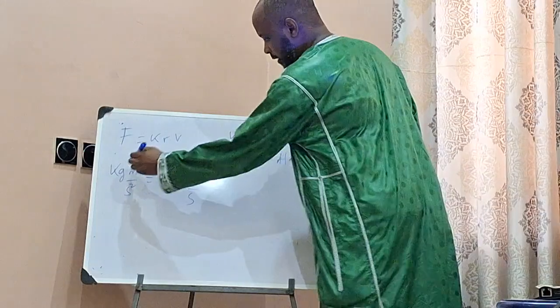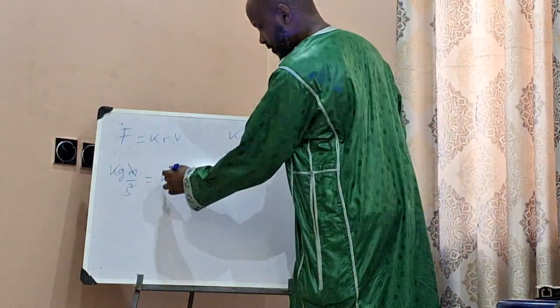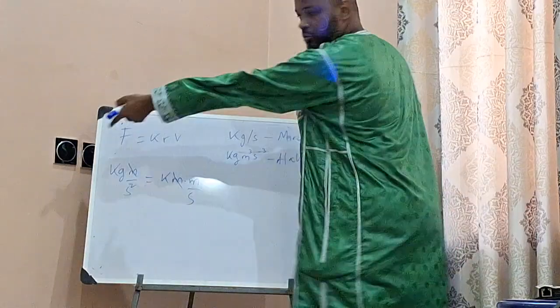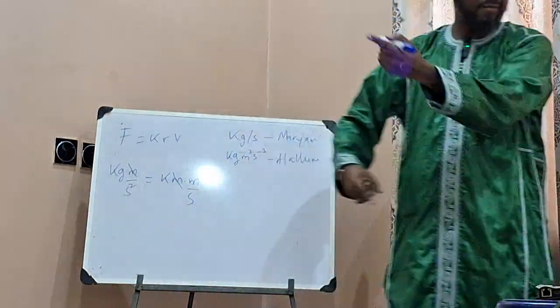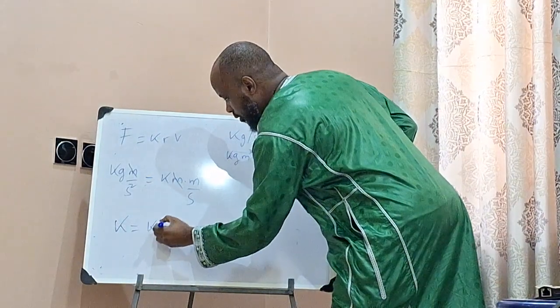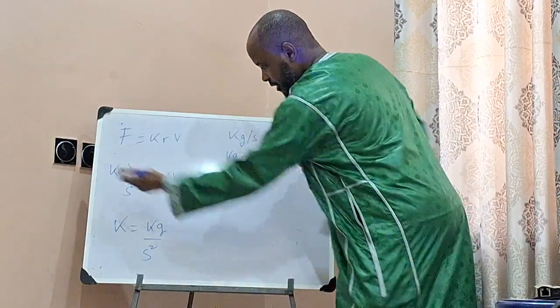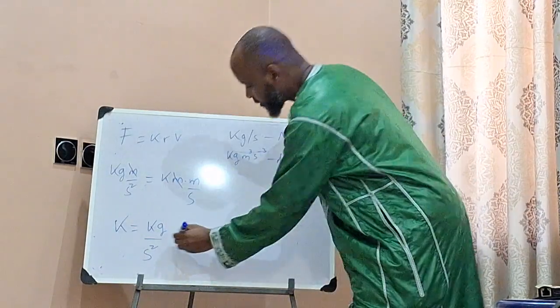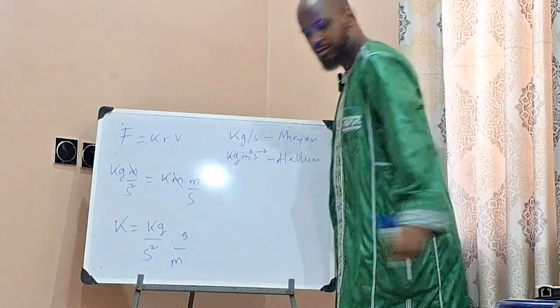Before I do that, I can strike out M from both sides. So I take M per second to the other side, and because it crosses the equality sign, I invert it. When I change M over second to the other side, it becomes second over M, right?